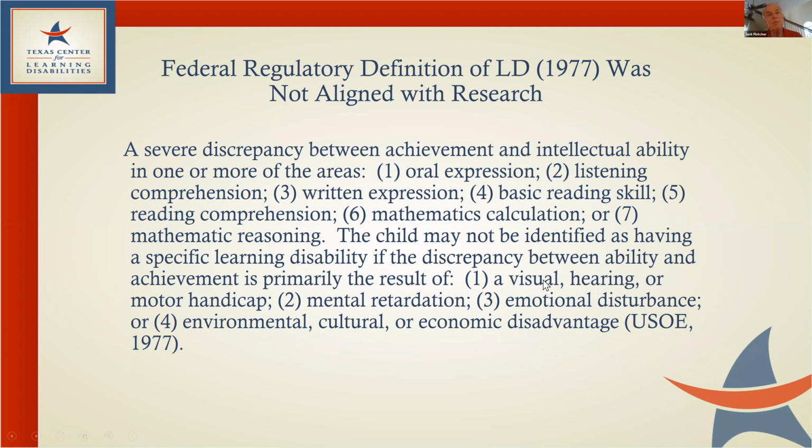And then it describes the third part, which are the exclusionary conditions, which, by the way, did not come from research either. They were put in because Congress was concerned about double dipping. They were concerned about identifying kids in more than one eligibility category and counting it twice. And they were also concerned about kids identified for Title I eligibility.